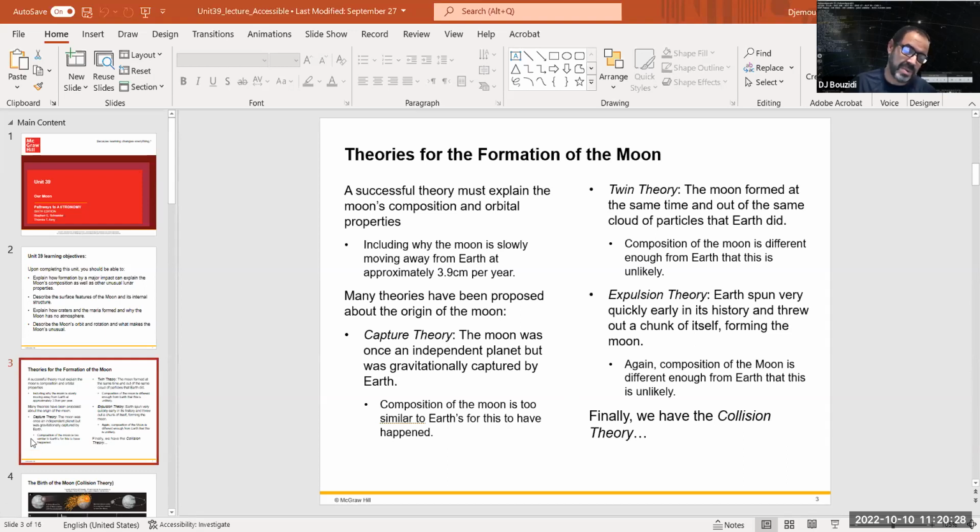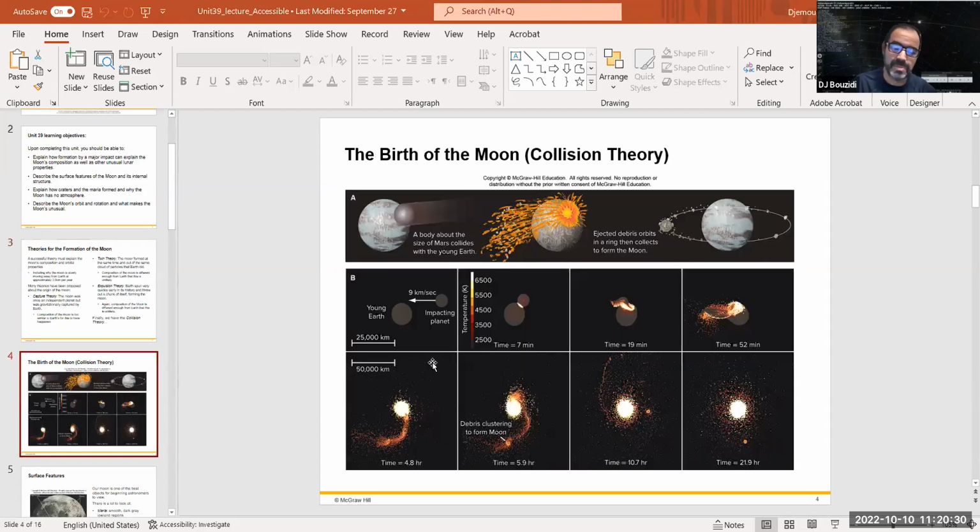The video that I posted actually is a more recent explanation of this, and a more dynamic picture than this one, because it shows you step by step what happens. The early collision was with a Mars-sized object, which was given the name Theia. Theia hit the Earth at the right angle.